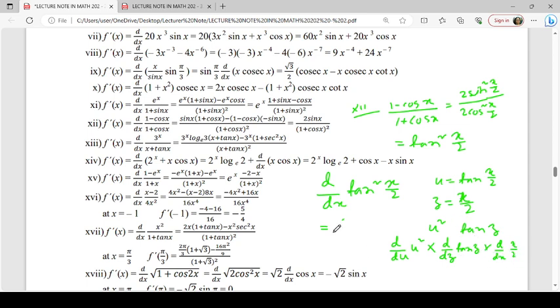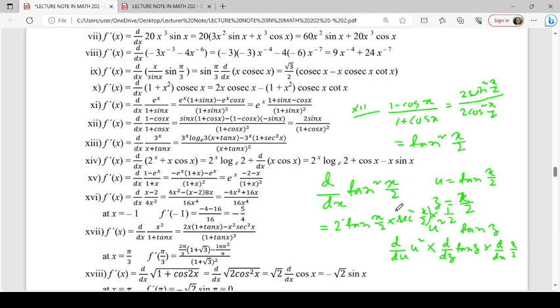So we will now have twice u, meaning 2 tan of x by 2, into the derivative of tan z, which is sec square, so sec square of x by 2, into d/dx of x by 2, which is half.